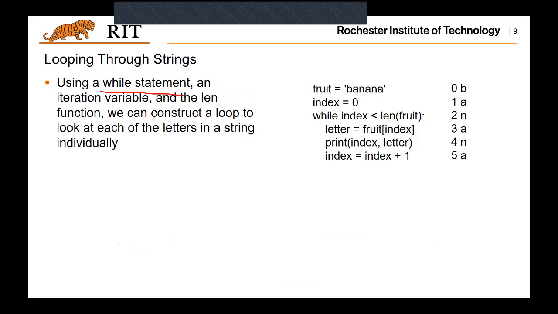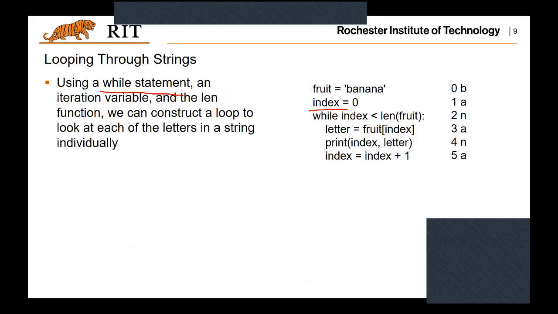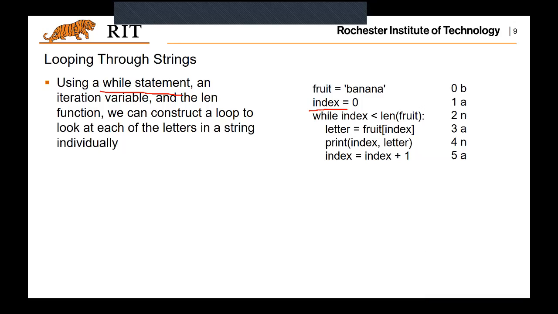So we initialize the starting index to be 0, which is perfectly fine, and we set up the condition. Only if this index is smaller than the length of this string, we will do the following steps.